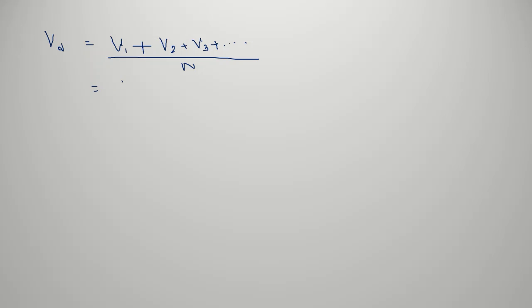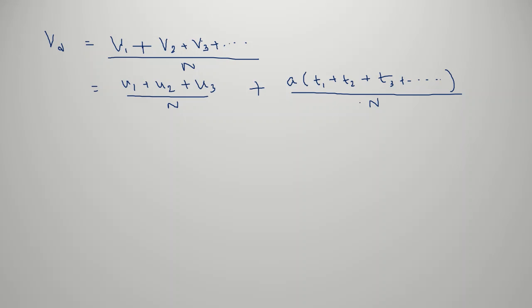So we replace it as u1 plus u2 plus u3 divided by n, and then plus a into t1 plus t2 plus t3, then dot dot dot at the n terms, then divided by n.